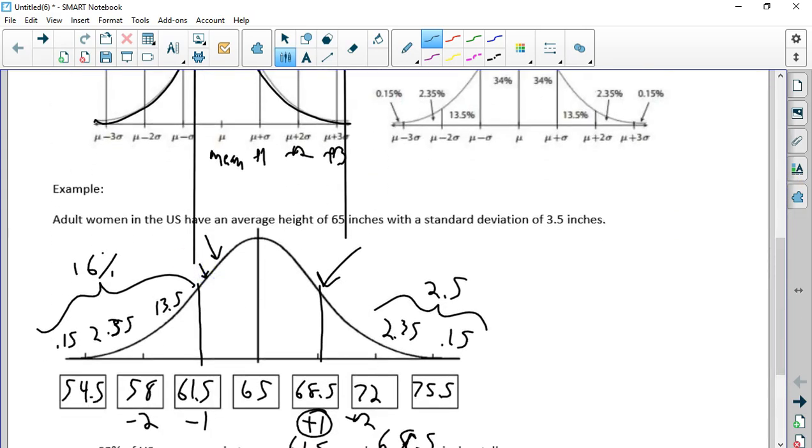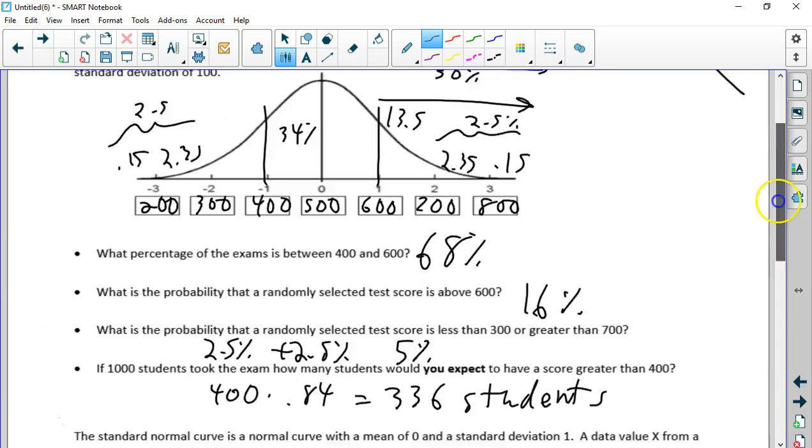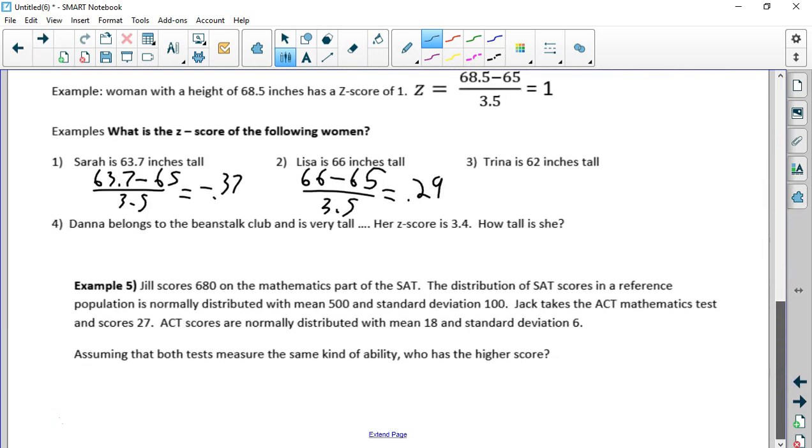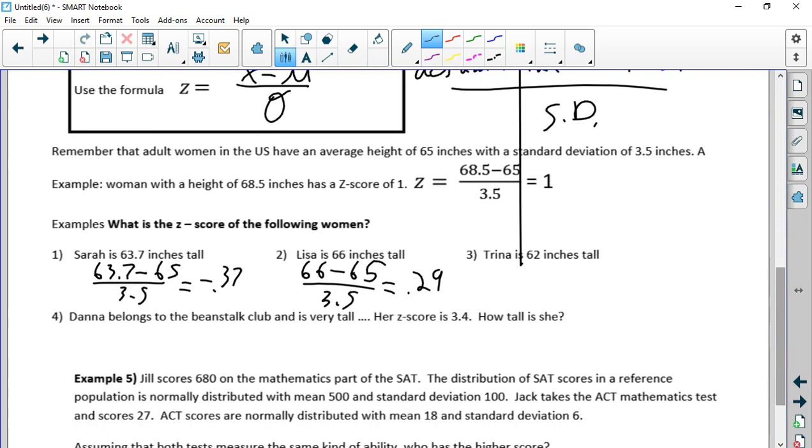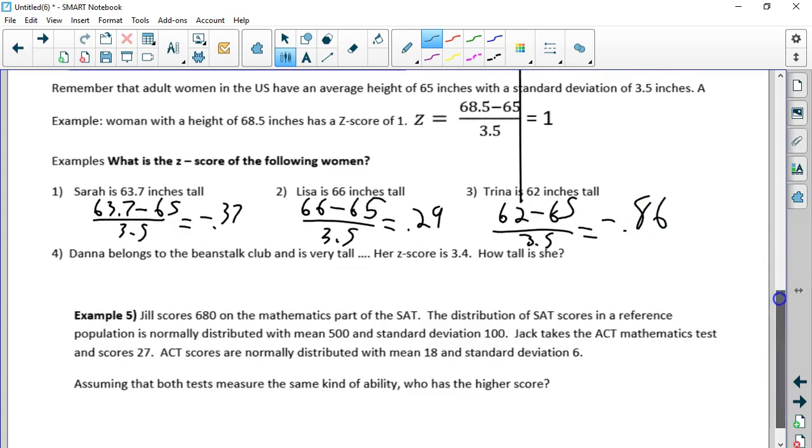Right about there. So we expect it to be maybe 0.8, 0.9, something like that. Let's see what it actually is when we calculate it. 62 minus 65 over 3.5, and we get negative 0.86. Pretty close to negative 0.9. So our estimate makes sense.